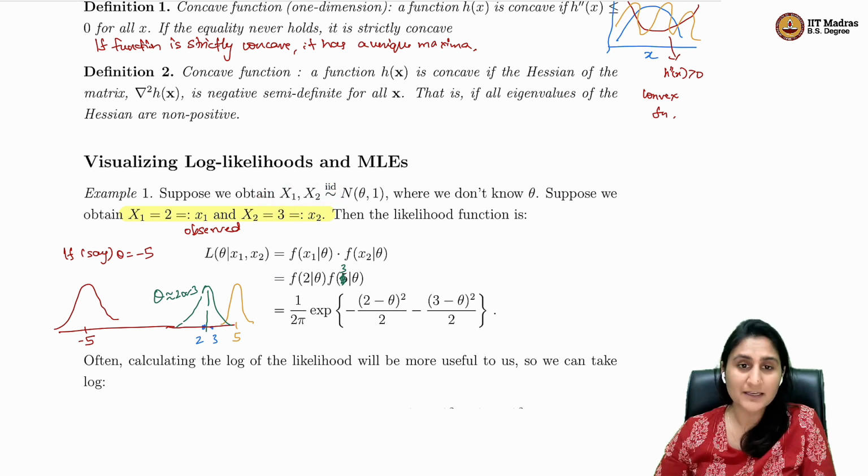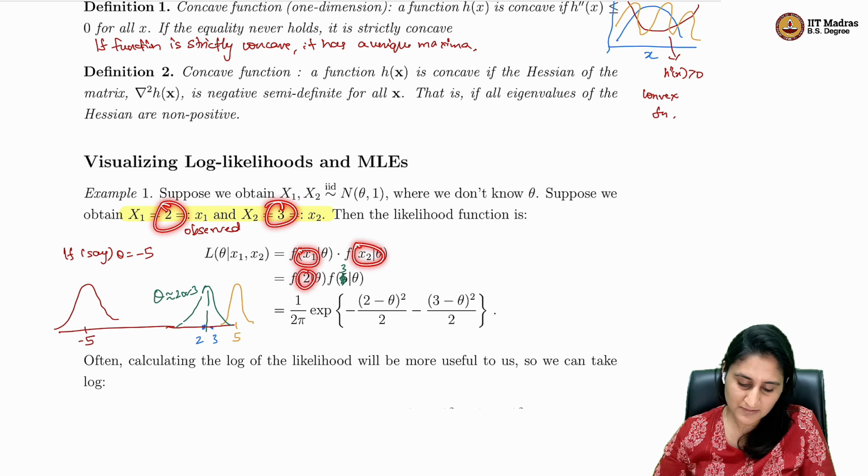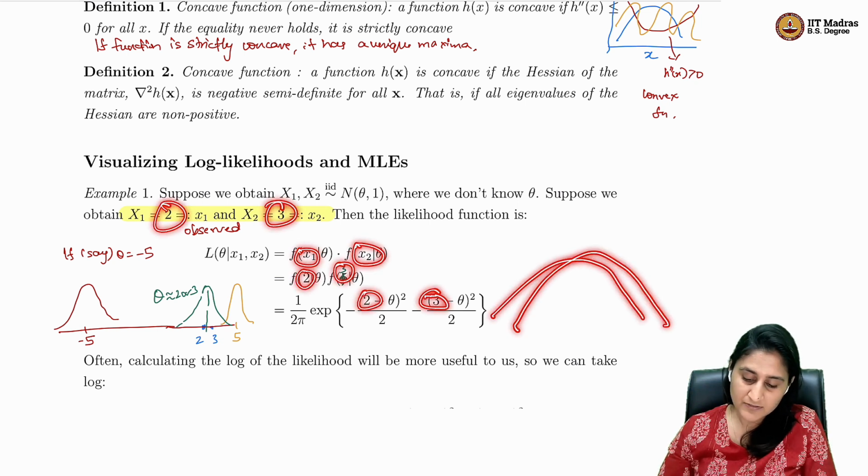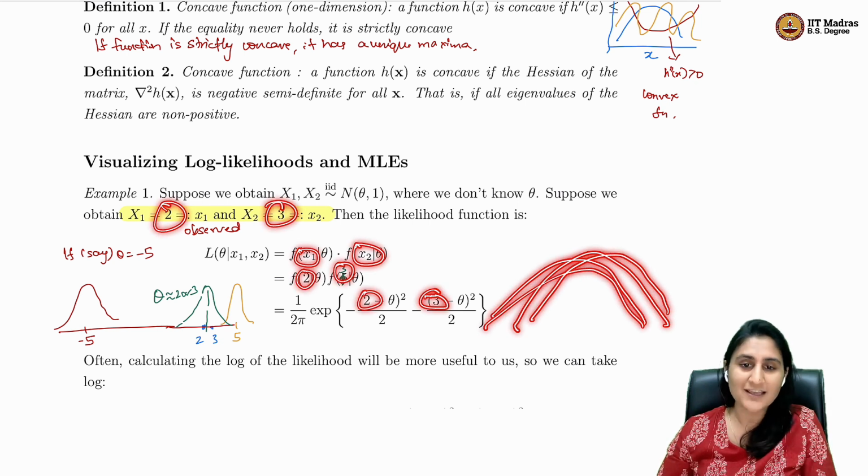They're not always going to be x1 equals 2 and x2 equals 3. They're going to be a little bit different every time, because it's random observations. And because they're a little different every single time, I'm going to get a slightly different curve every single time, because if these two values are different, then this and this are also different. So the whole shape of my curve is going to change based on the actual data that I have observed.